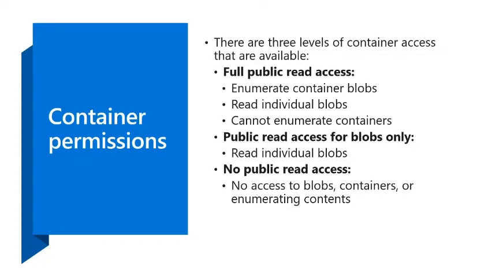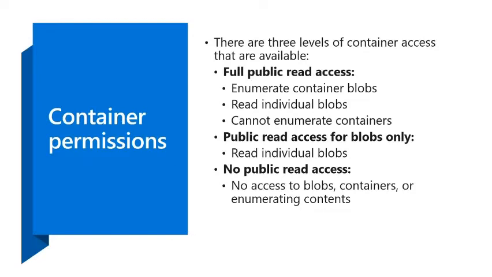Container permissions. There are three levels of container access: full public read access, public read access for blobs only, and no public read access. Full public read access means you can enumerate container blobs and read individual blobs, but cannot enumerate containers.